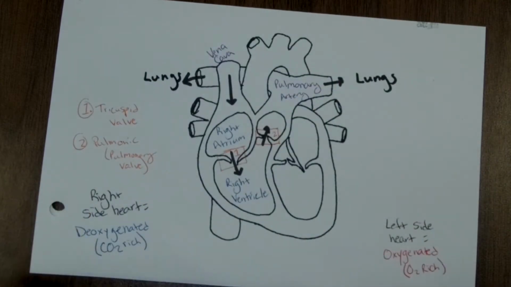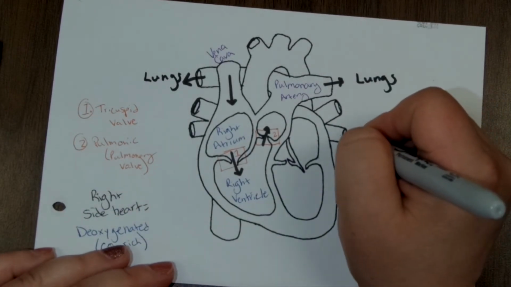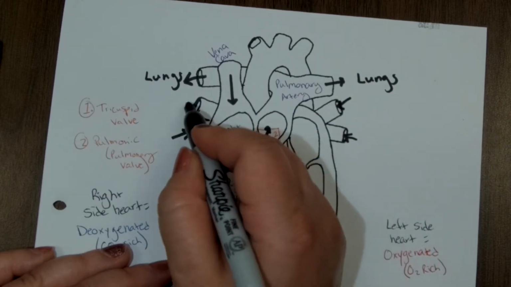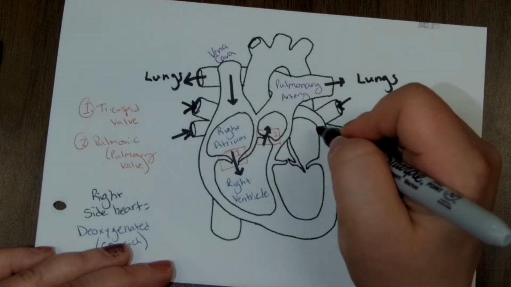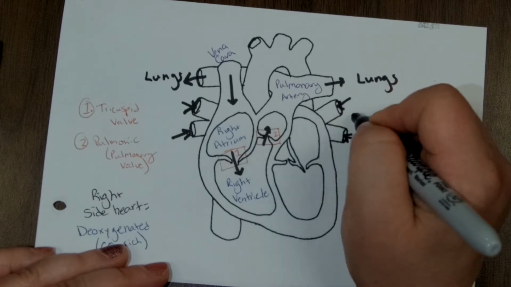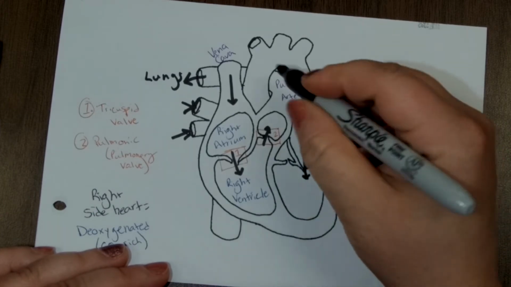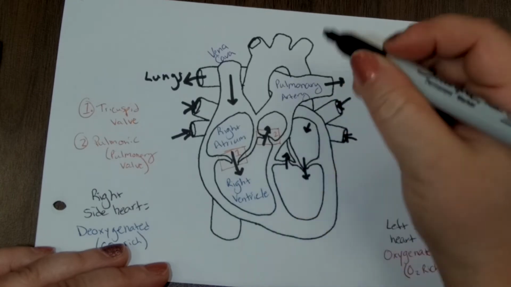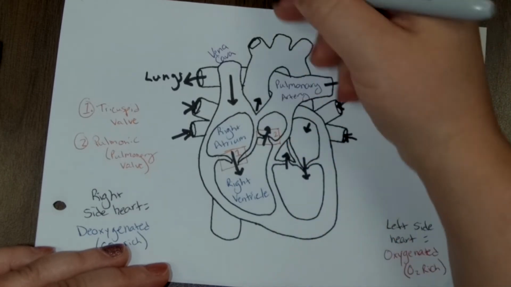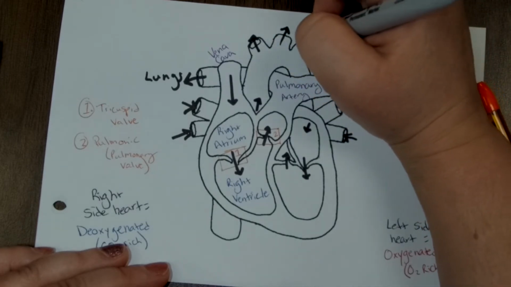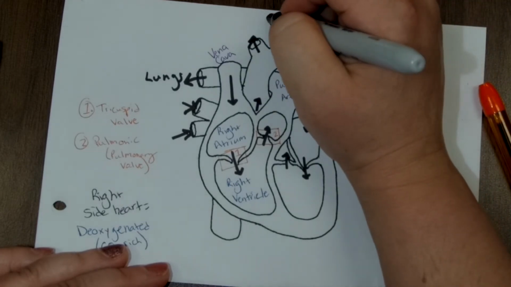And why does it need to go to the lungs? Because I need to get oxygen. So then my blood's going to go back into my heart. Goes back into my heart through that valve, up through that valve, and then out to the rest of the body.